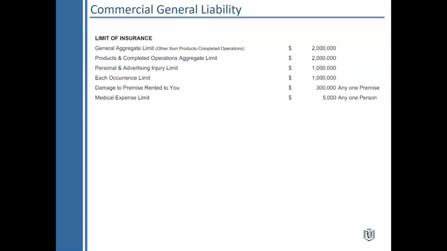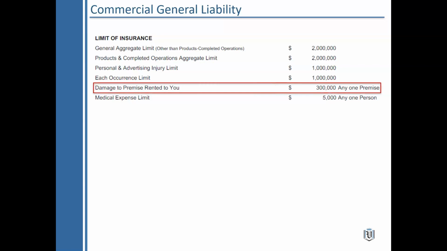Now, the elephant in the room, damage to rented premises. Okay, that is a $300,000 limit. We're going to talk about how the general liability responds, and then the exclusions, and then how damage to rented premises responds to claims. So we're going to get into that.